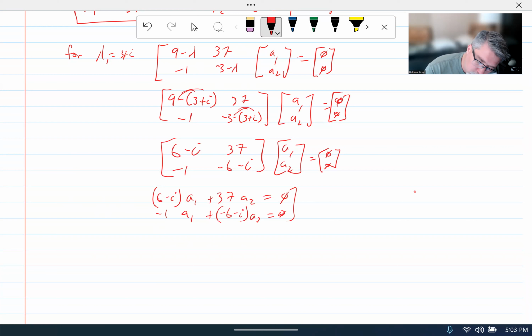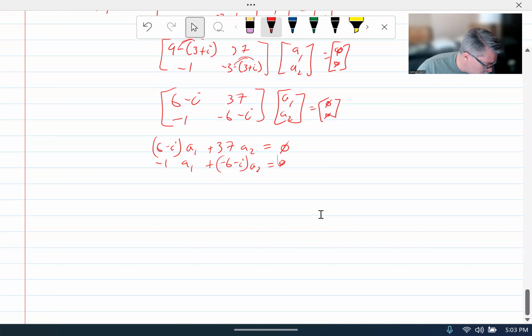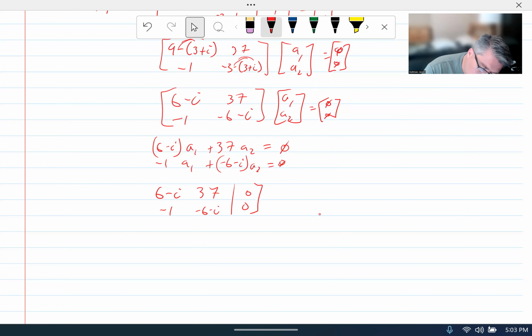Let's erase that. Okay, let's put this in an augmented matrix and try to solve for a1, a2. So we get 6 minus i, 37, negative 1, negative 6 minus i, 0, 0.